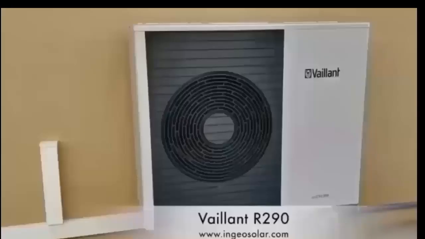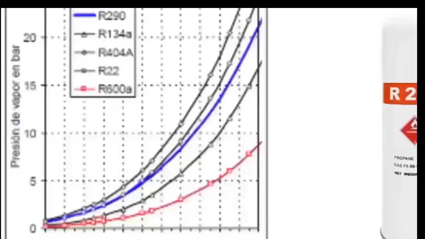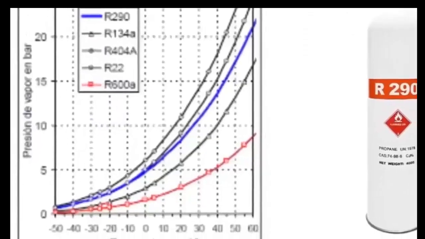It has been used mainly in heat pumps and domestic air conditioners. 5. Between R290 and R134a, there is a notable difference in the pressure level. 6. R290 is closer to R22 and R404A in pressure values.